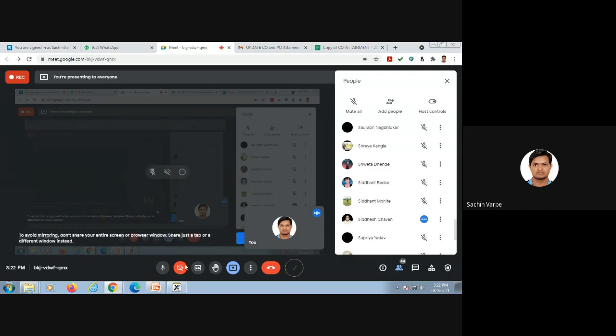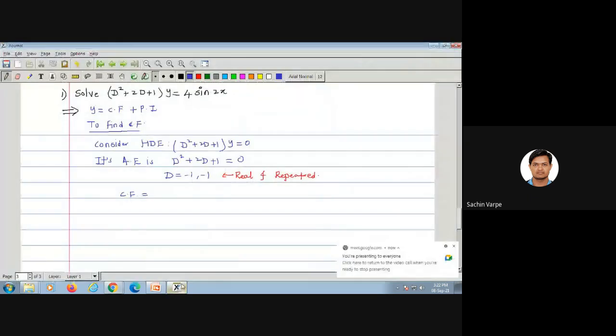Tell me the complementary function for this. I just want to know whether you are able to write the complementary function or not.